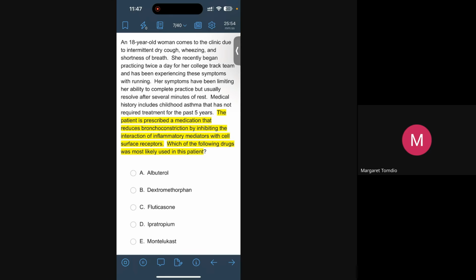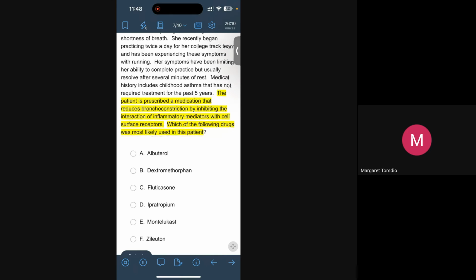He is asking us about the mechanism of action of the drug, which works by blocking the attachment of the inflammatory mediators to the cell surface receptors. How does albuterol work? What is the mechanism of action, and what is the diagnosis in this patient?